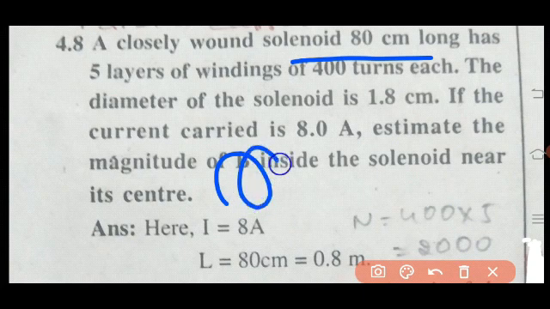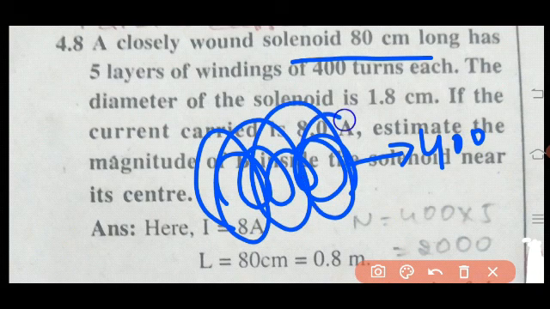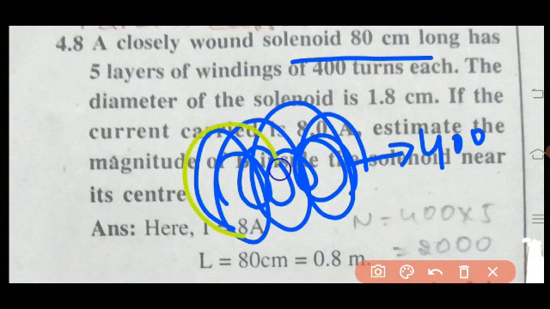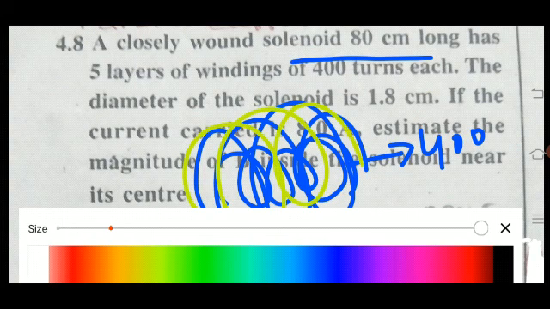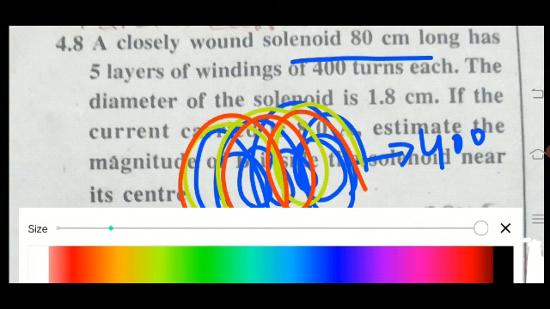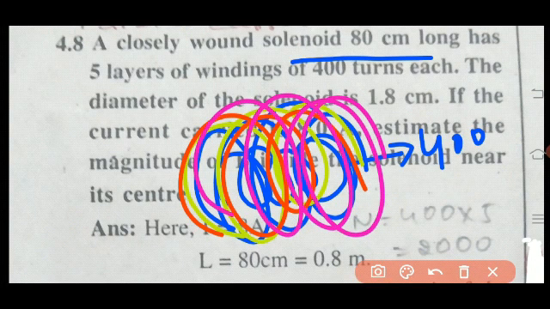The first layer has how many windings? That is 400. In the same manner, it has 5 layers: 1, 2, 3, 4, and this is the fifth. Each layer has 400 turns.